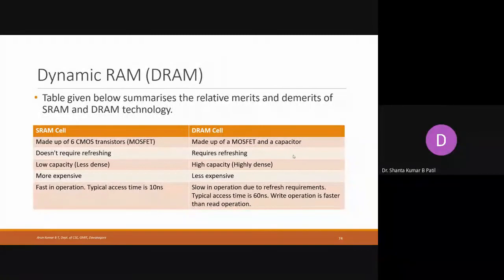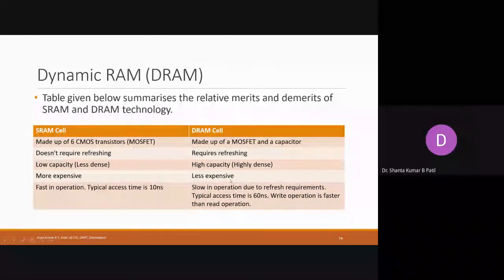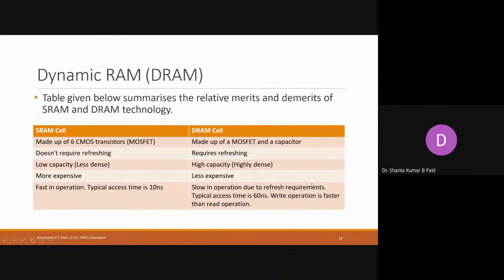The only thing is that they require an extra refresh circuit. SRAM is more expensive because more numbers of transistors are used in the cells in order to store 1 bit of data. DRAM is less expensive because to store 1 bit of data, one capacitor and one transistor is used.